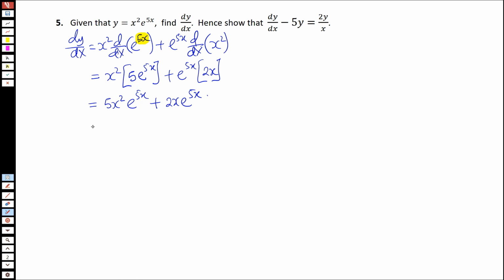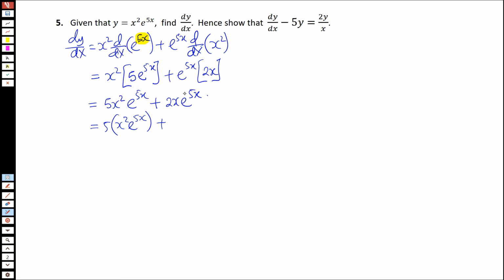All right, so what I'm going to do next is just to kind of rewrite this to be able to show that that statement is true. So this is same as 5 multiplied by x squared e to power 5x. If you introduce the brackets, plus, now what I want here is to have something similar to what I have here.